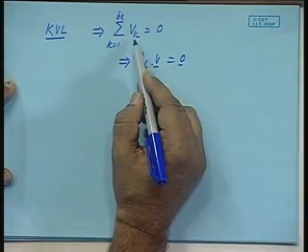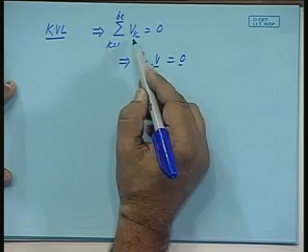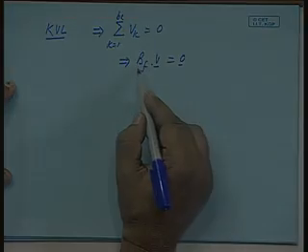If it is for all the branches and if we consider all possible loops, then I can take the loop matrix, fundamental loop matrix, into V, that will be equal to 0.